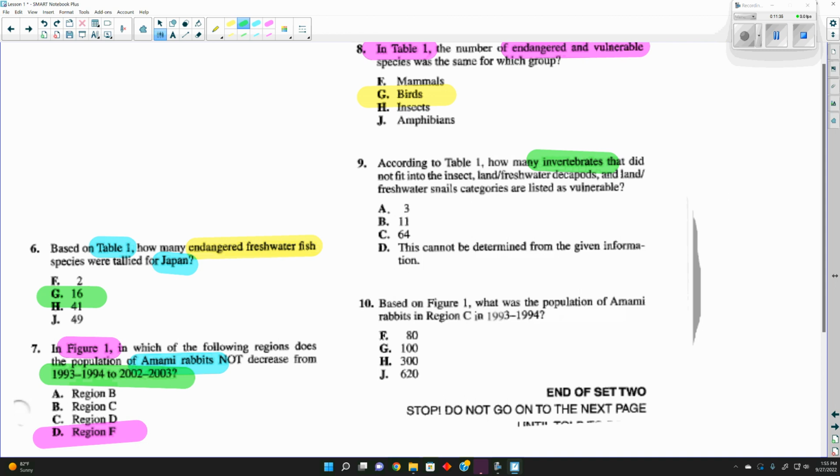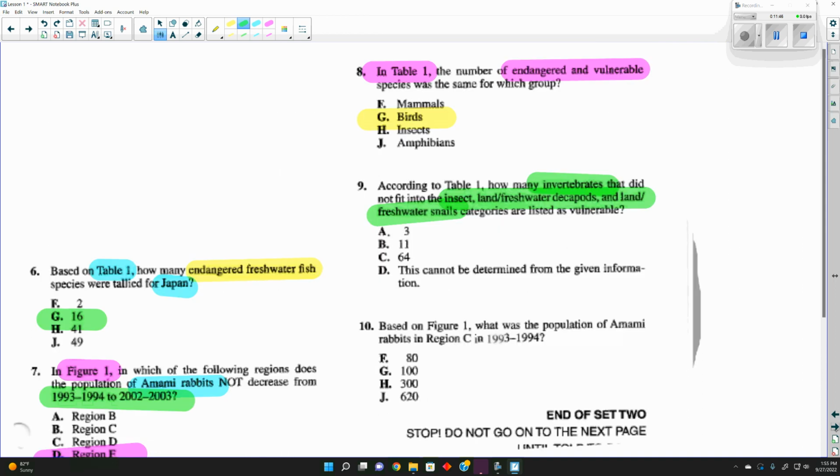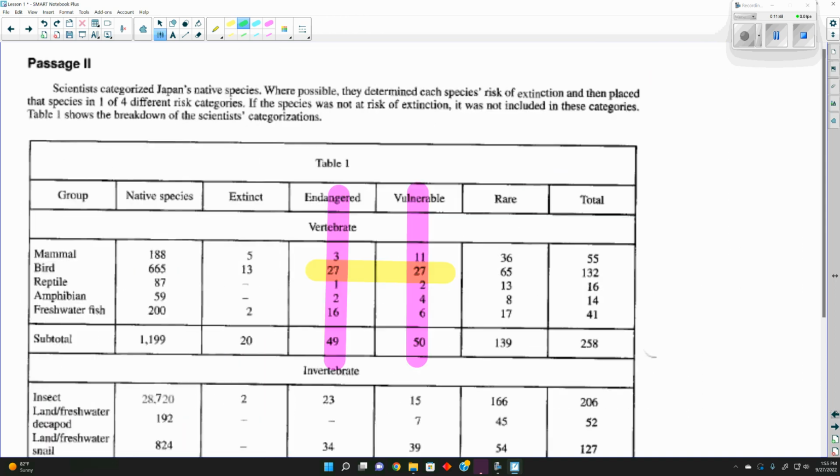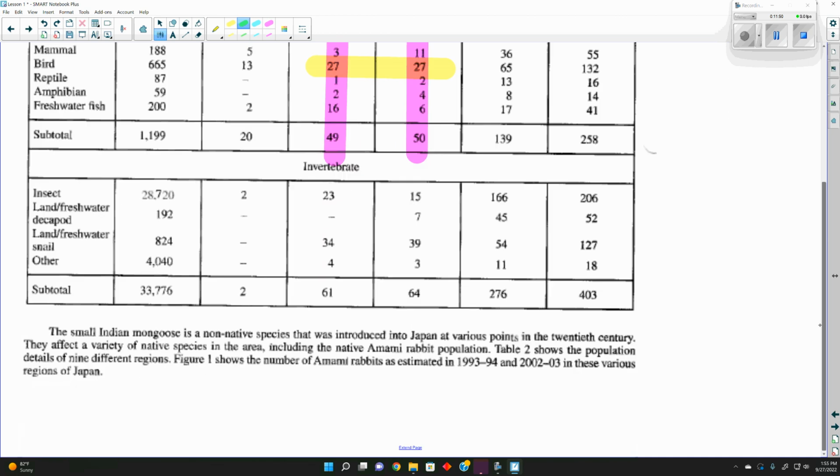Invertebrates that did not fit into insects, freshwater, in these categories. So, again, we're looking at Table 1. Table 1, so we're down here. So insects, land, freshwater, snails, and our other category.